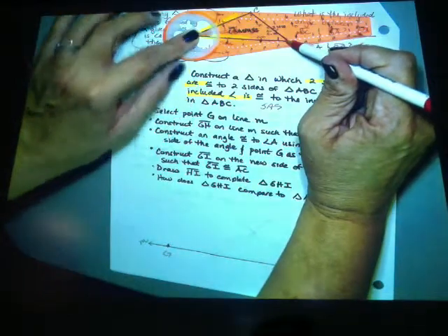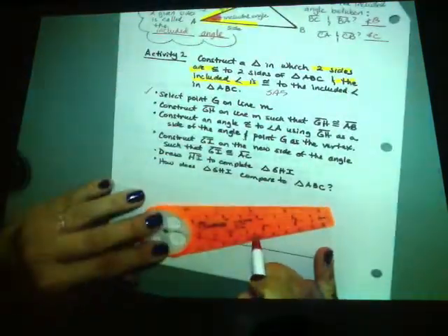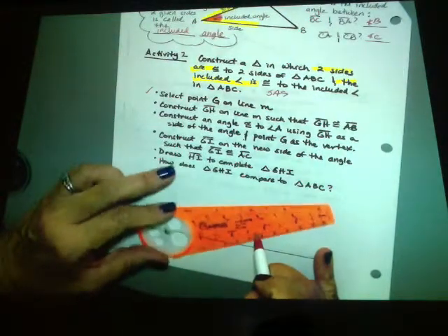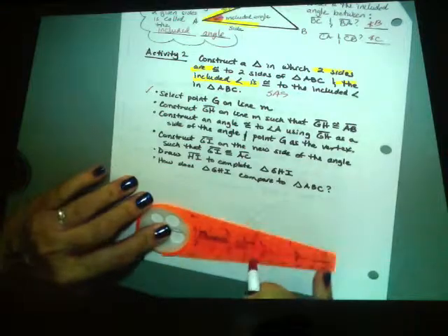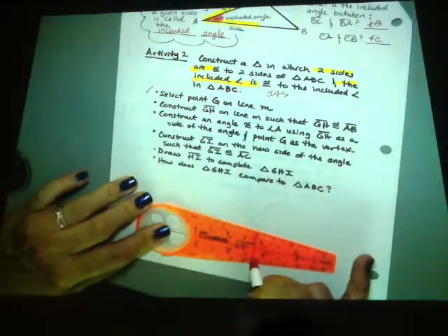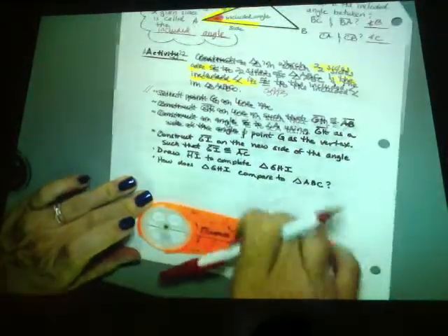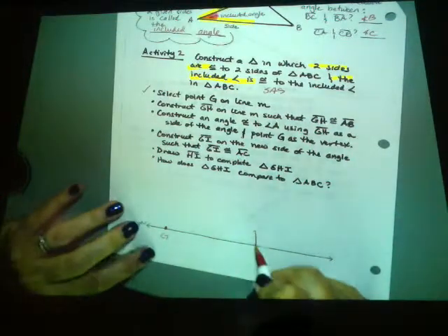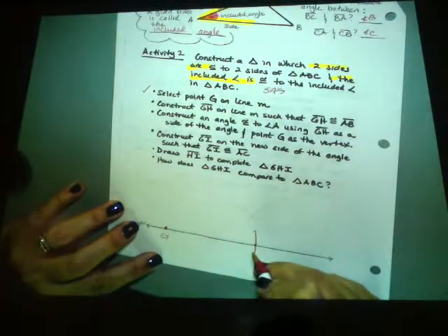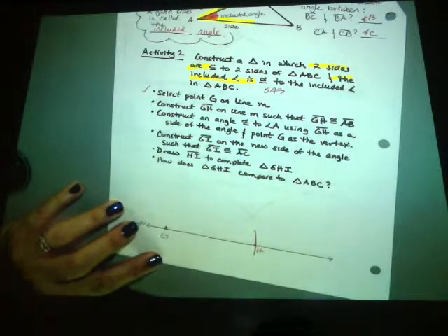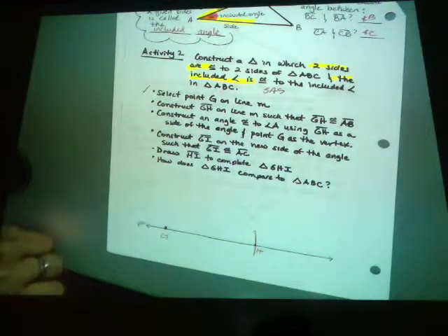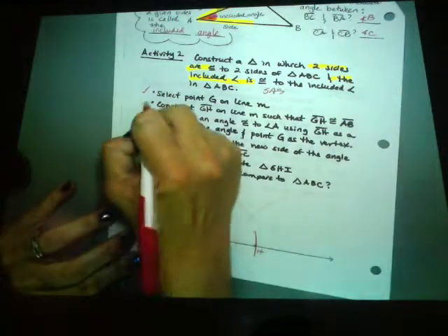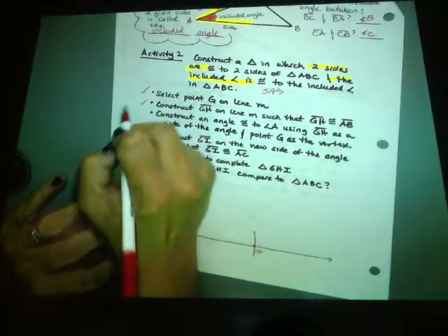I'm going to bring my brad down to point G. I'm going to put my brad on G, and I'm going to create an arc. And this point right here is going to be point H. All I did was construct the side. So there's check 1. This is our S, by the way.